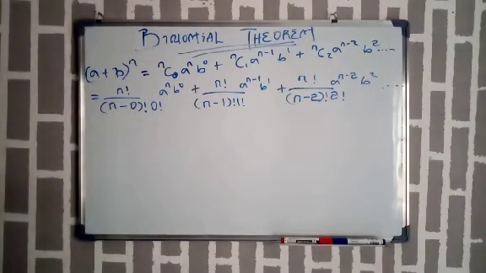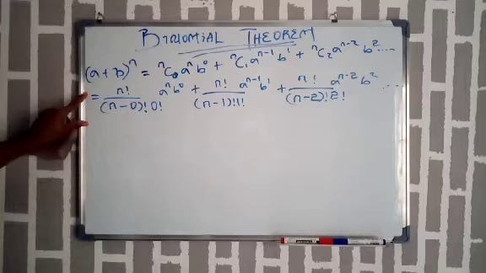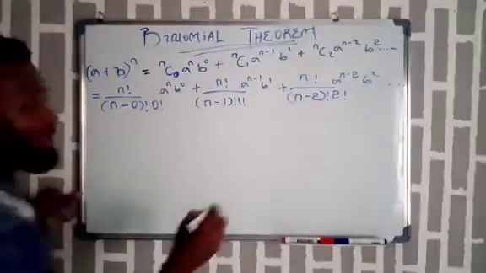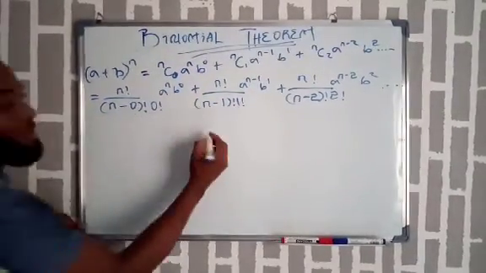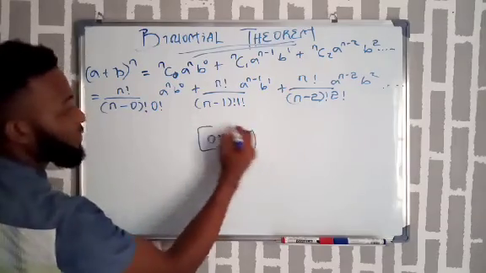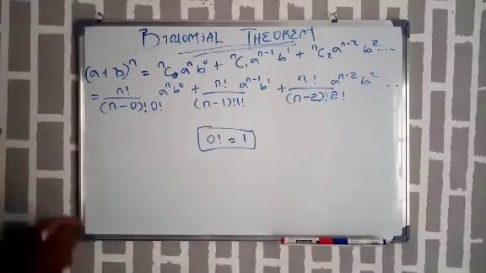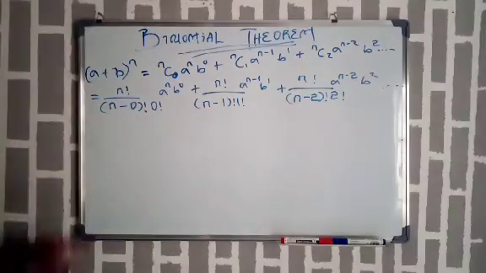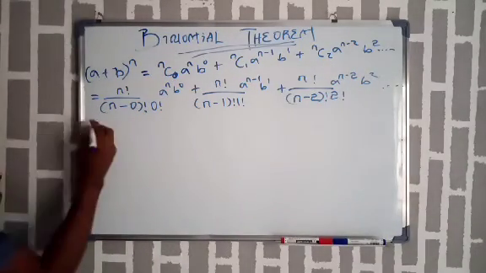So you can still reduce this again and get something else, like what I taught you about combinations and factorials. But you have to understand, since you're getting scared because of 0, whenever you see 0 factorial, it is equal to 1. You have to know that 0 factorial is equal to 1, any day, anytime. So we can still write this out further.